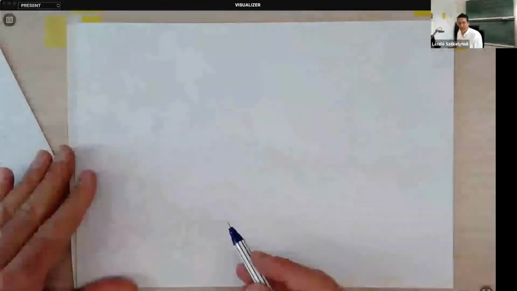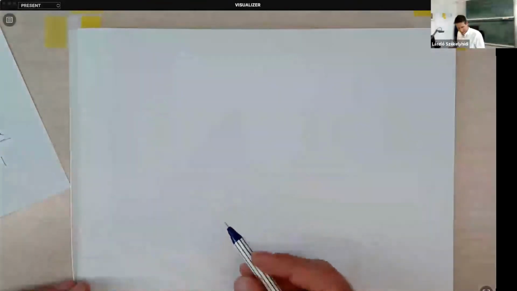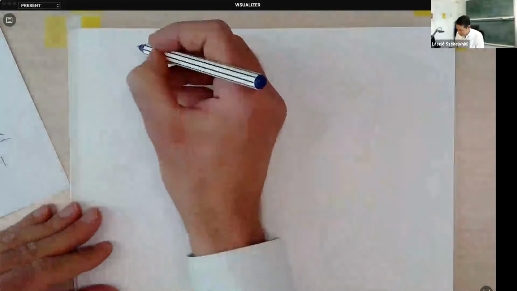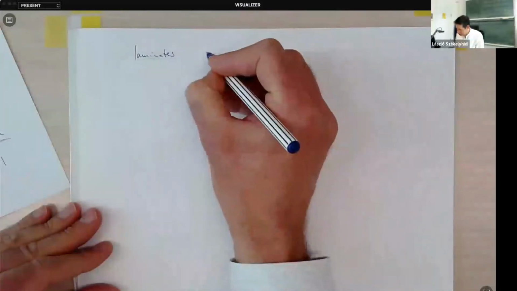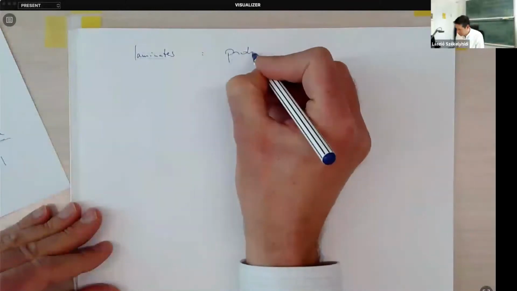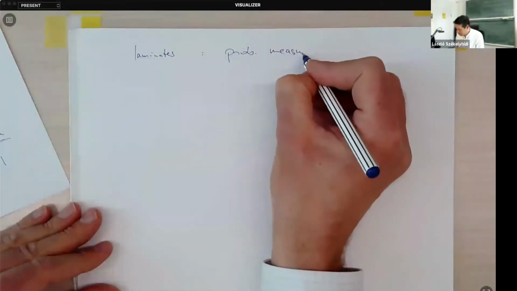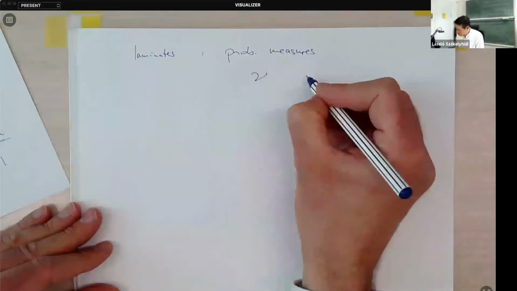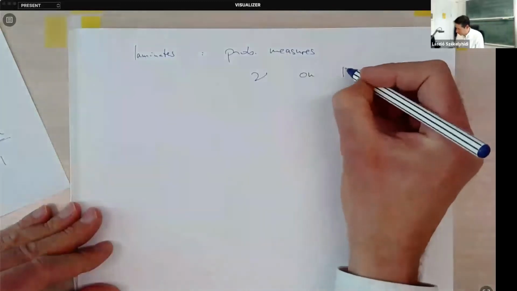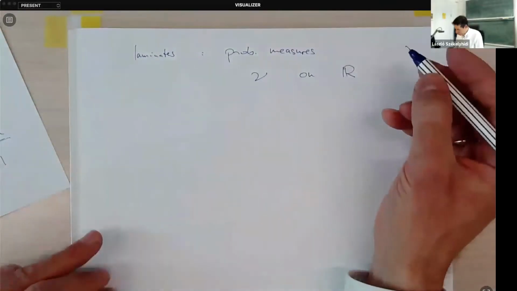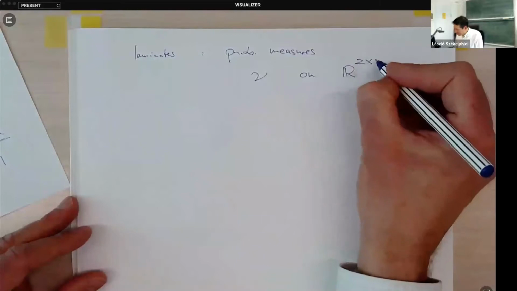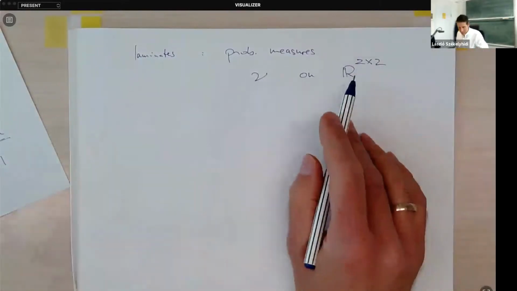So the simplest example is, I mean, you have laminates. So laminates are probability measures, let's say nu on the space of matrices. So in these easy examples, determinant, I mean, Jacobian determinant in two-dimensional domains, this would be measures on the space of matrices that arise.